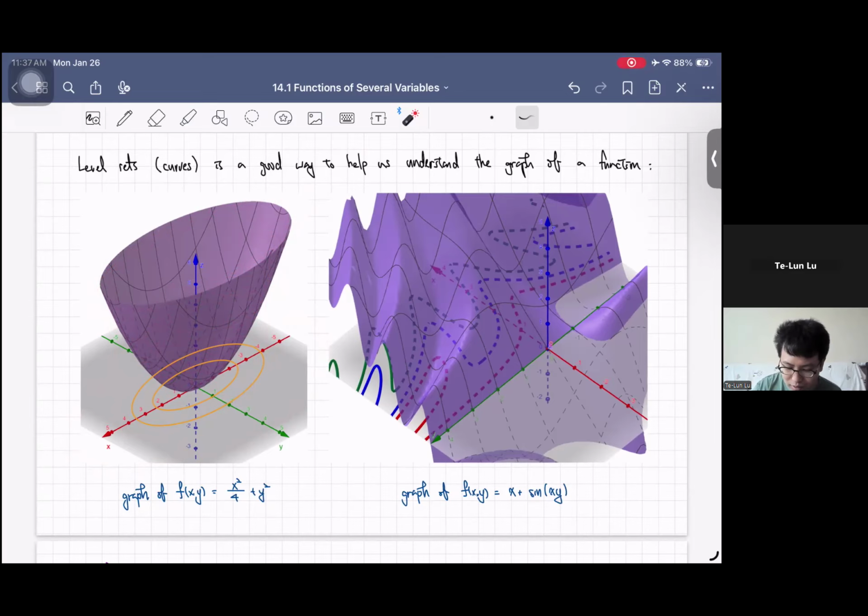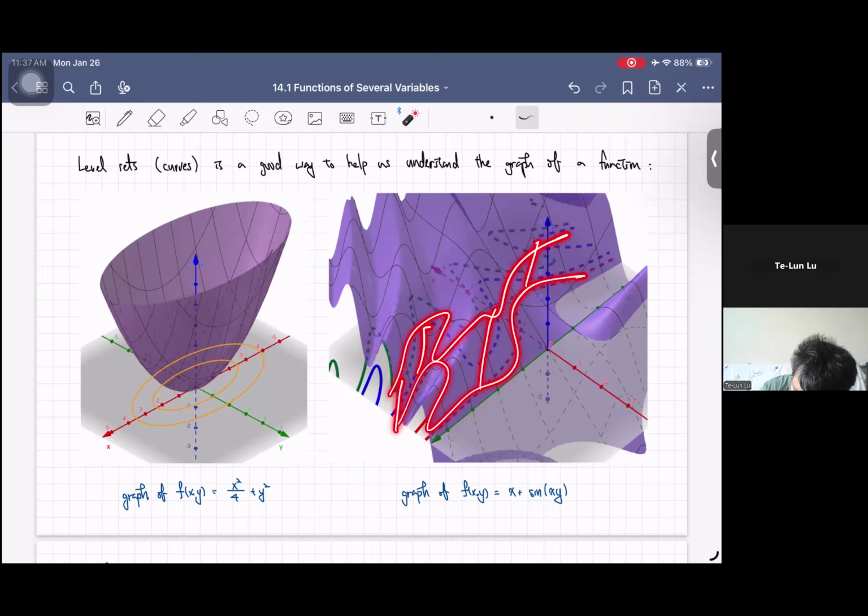So this is another complicated example. We have drawn every kind of level set here, level curve. So you have the red thing, you have the blue thing. I think this corresponds to 1, 2, and 3 or something like that. And again, this is 1, right? So you lift it up by 1 unit. You lift this blue line up by 2 units, and so on and so forth.